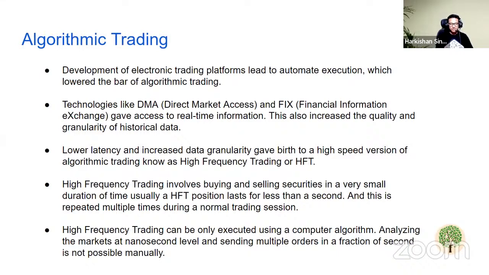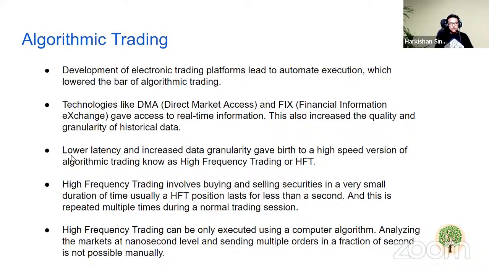Nothing was real time. Whatever you saw in the newspaper was 5 to 6 hours old. But FIX messages led to a real-time connection with the exchanges, and as soon as an order arrives, you can get the data. So granularity increased, and the quality increased.